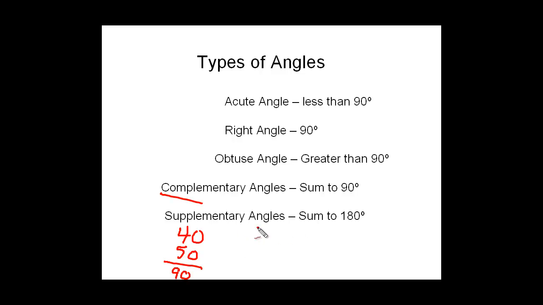Now if you take that same 40-degree angle and you want supplementary, they have to add up to 180. So 140 plus 40 makes 180. So 40 and 140 are supplementary. 40 and 50 are complementary.